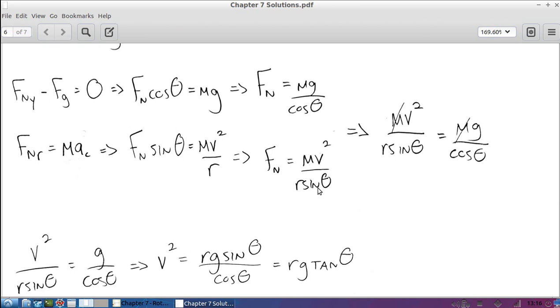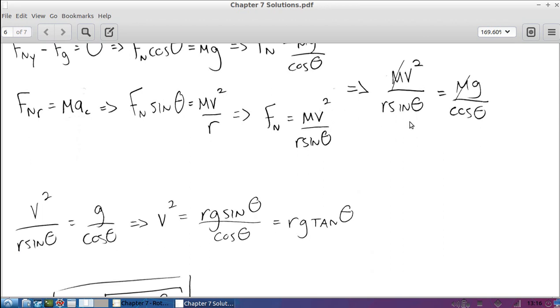I've got two equivalent expressions right here. Both of these expressions are equivalent to the normal force. So I'm going to set these two equal to each other. Right? So set mg over cosine theta equal to mv squared over r sine theta. The masses go away again. And let's get an expression for velocity.